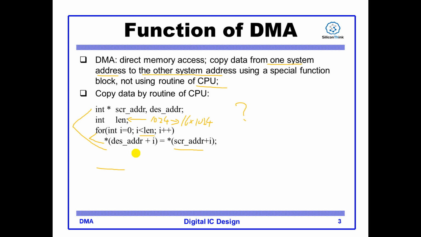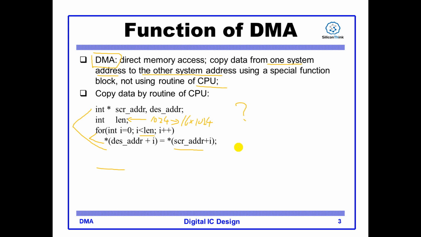Yes, this will take a lot of the CPU time. Then the CPU has low resource to do other functions. And if we use the DMA controller, the CPU may just configure several registers. Inside the DMA controller, the DMA controller will do the job of data movement. So this is the first benefit, lower the working load on CPU core.